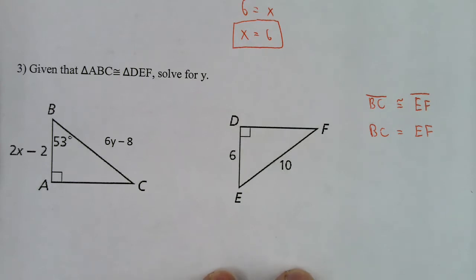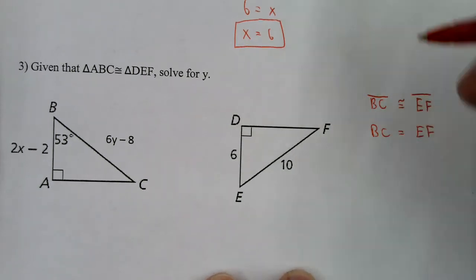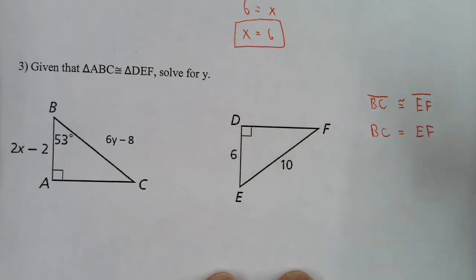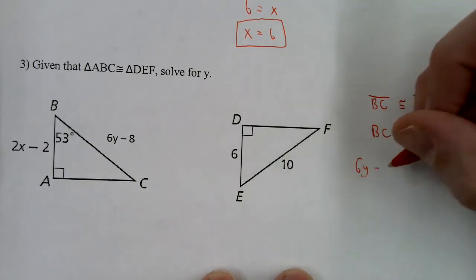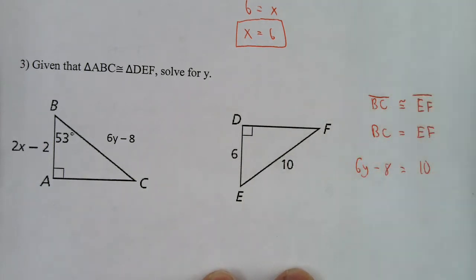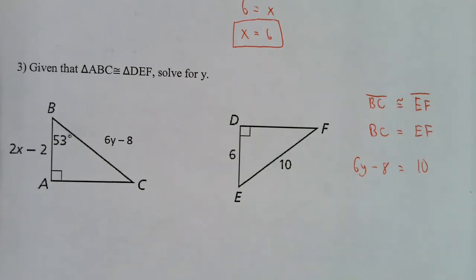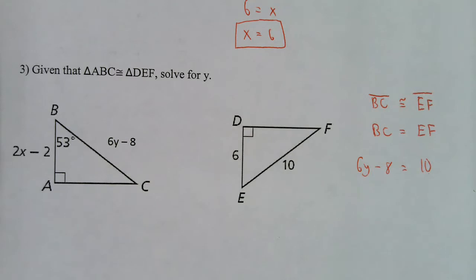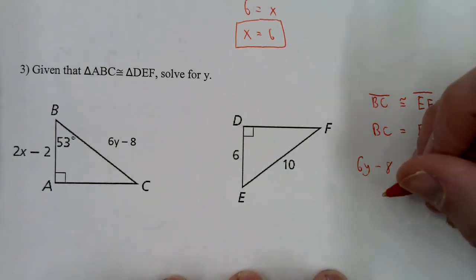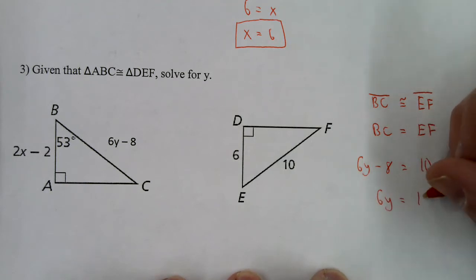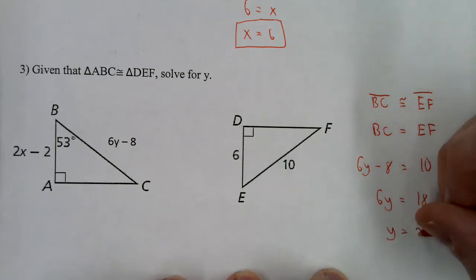So 6y minus 8 equals 10. People might accidentally set it equal to 6, so just be careful. The reason it equals 10 is because BC is congruent to EF, because of the order. Think back to number 1. So 6y equals 18. Y equals 3.